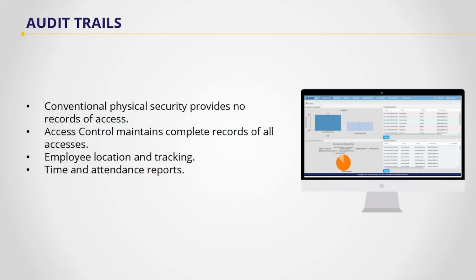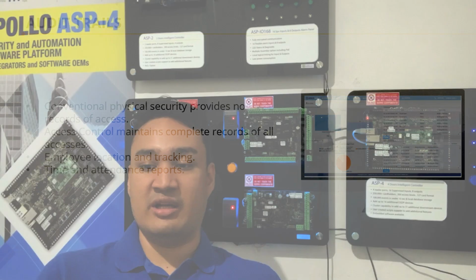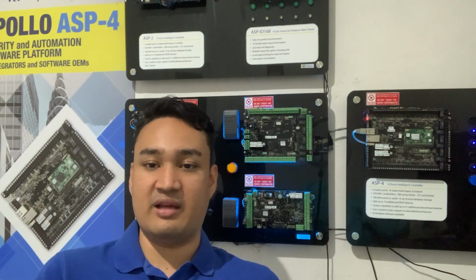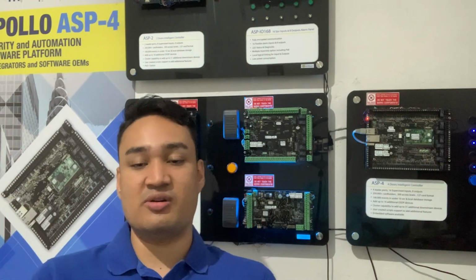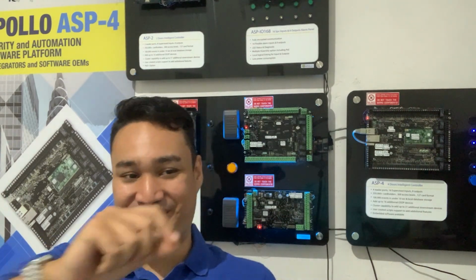You can have time attendance as well, because it can keep track of who's going where at what time, and if any access was granted or denied. Whereas with keys, you pretty much have nothing. There's no data whatsoever, unless there's a single person checking every single person, saying, oh yeah, you came in, you went out. So that's pretty much the pros and cons.